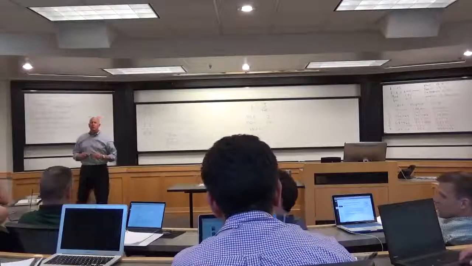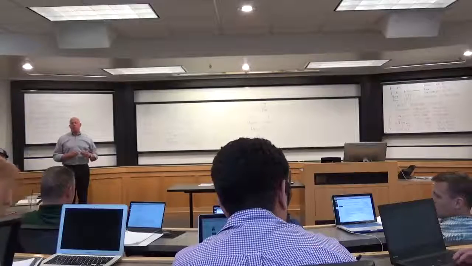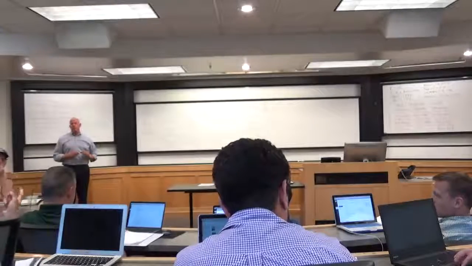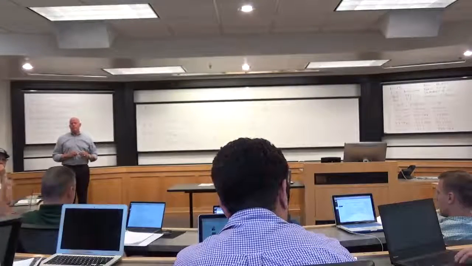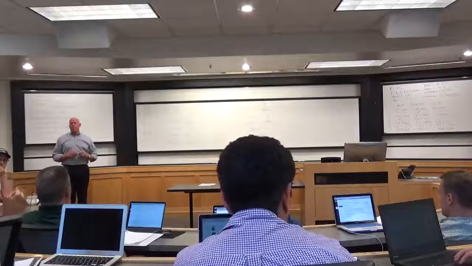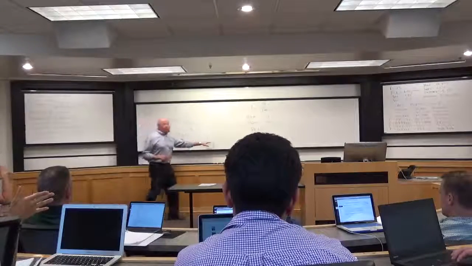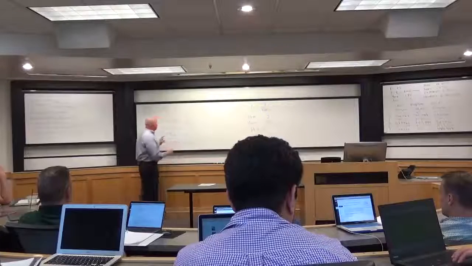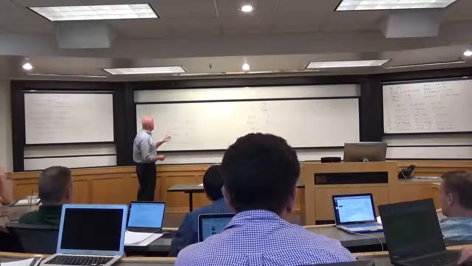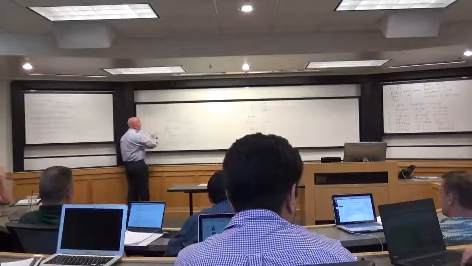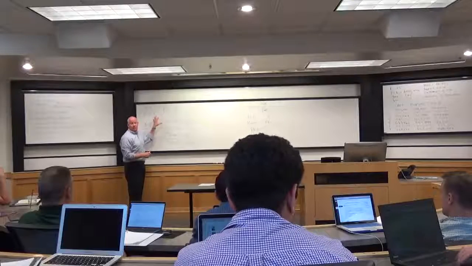Yeah? I was just wondering, why are we taking into account the tax rate if this formula is before? This is the tax rate on EBIT. Remember, we started with NOPLAT because we had EBIT times 1 minus the tax, which equaled NOPLAT.